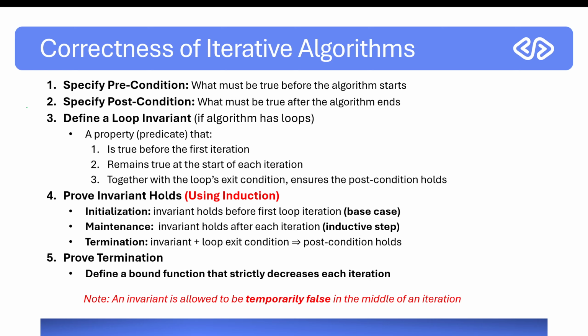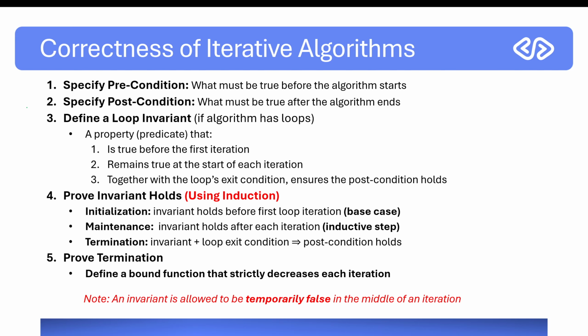The loop invariant is the property that is true before the first iteration, remains true at the start of each iteration, and together with the loop's exit condition ensures the postcondition holds. So this is sort of the core of the correctness. This invariant is going to help you get to your postcondition.